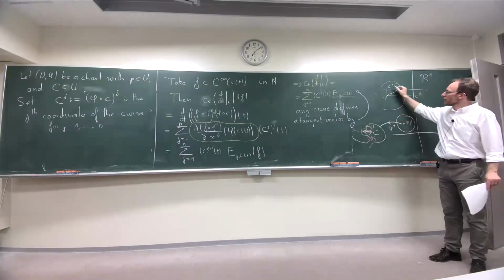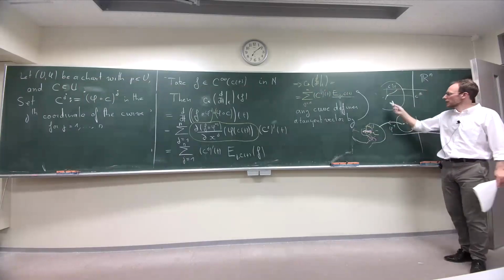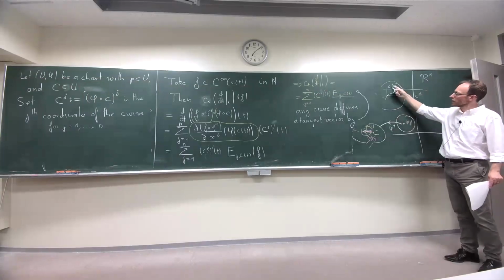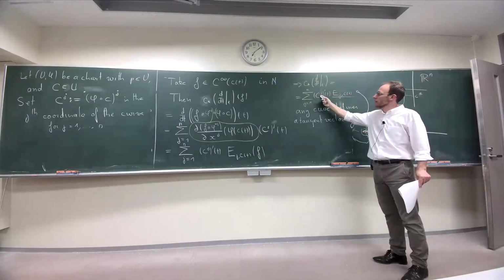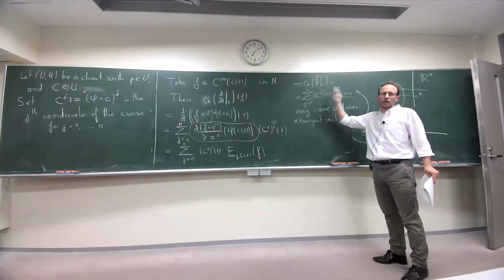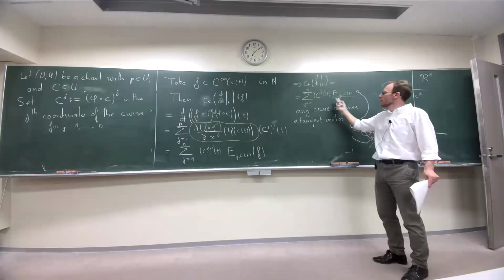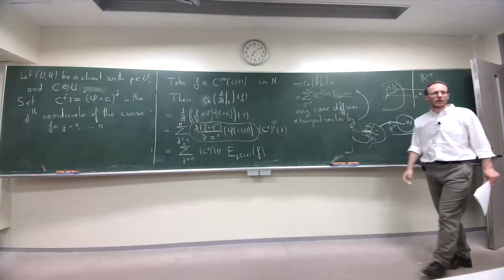But look, these components depend only on one variable t. When you change t, you move on this curve, so the coordinates change. So this is a function of one variable. I take its derivative with respect to the only variable, and then I evaluate at t, it's a number, times this. So it's a linear combination of tangent vectors.